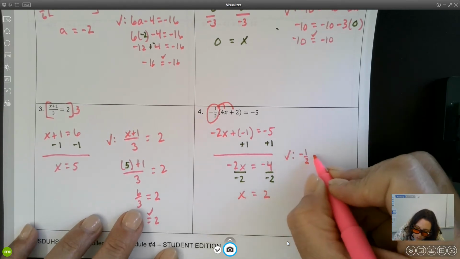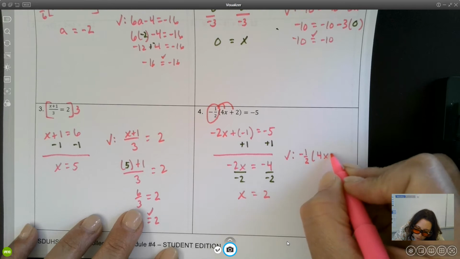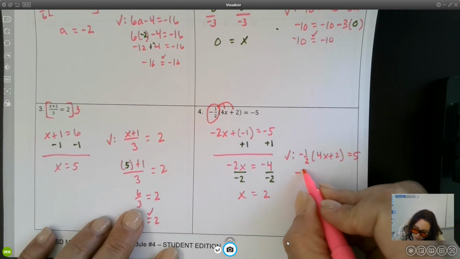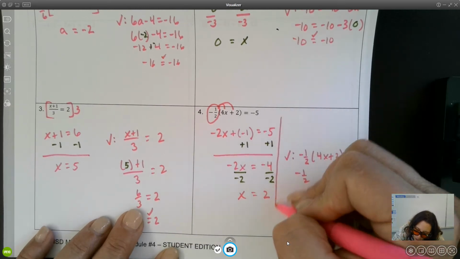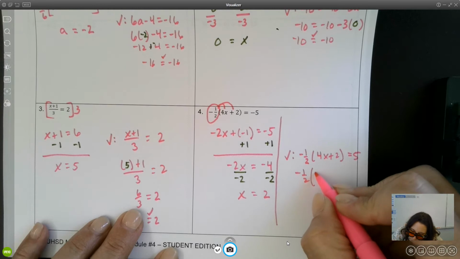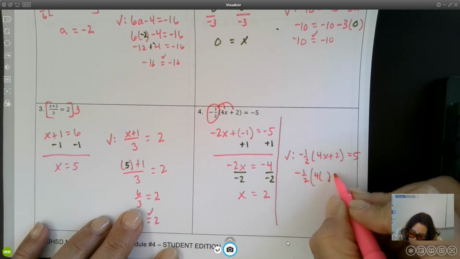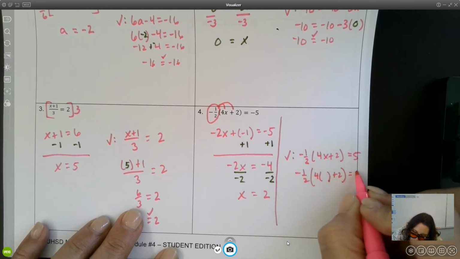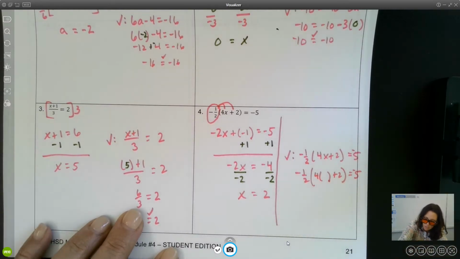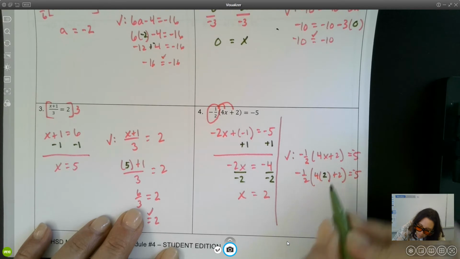Now the check for this is going to be a little bit uglier. Negative 1/2. You always check the original equation. So negative 1/2. Let me put a line here so it doesn't get blurred in with that. I've got a 4, and then I've got to tuck something in there, plus 2 equals, oh, I forgot the negative on the 5. So I'm tucking in a 2 because of that.